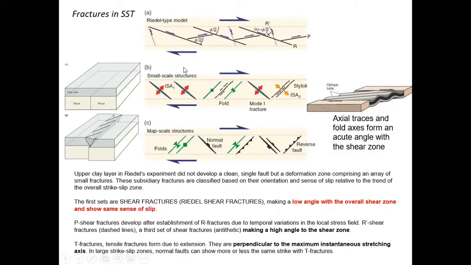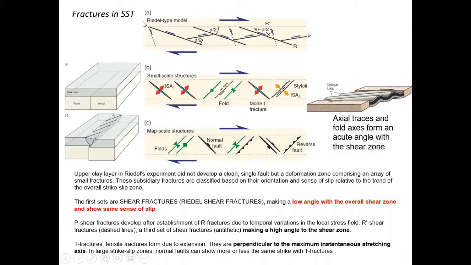So first order fractures will be at very shallow angle to the main strand of the strike-slip. We call this kind of shallow dipping structures, redoubt type fractures or primary redoubt shear fractures. Progressively, second order fractures will form, and these second order structures will be at higher angle to the strike-slip fault zone.